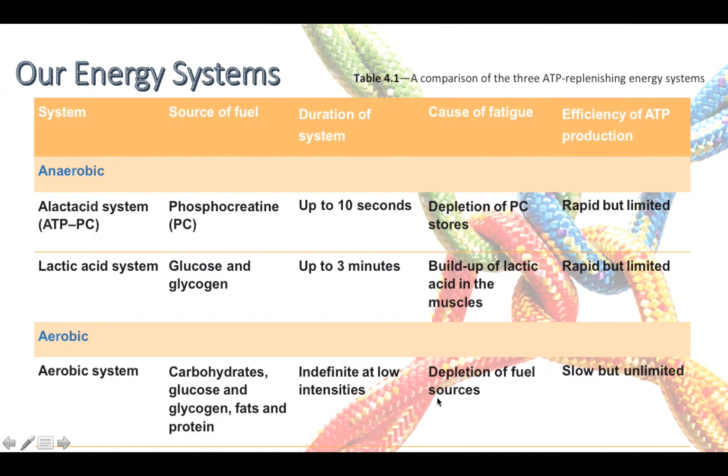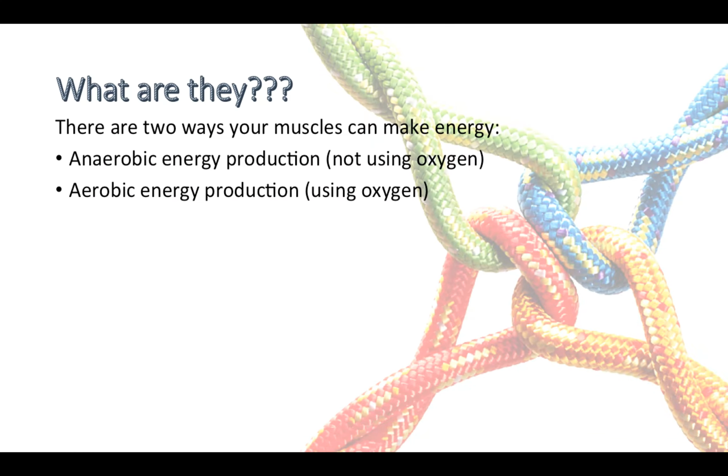Depletion of fuel sources, and when we look at the aerobic system, this is the order that our body will use it. So from carbohydrates down to protein, protein being the last source of energy that we don't want to have to start to use. And the efficiency of the ATP production is slow, but it's continual, so we can maintain that energy production.